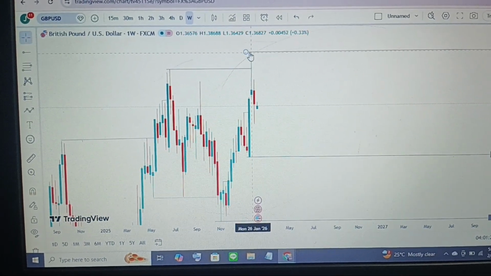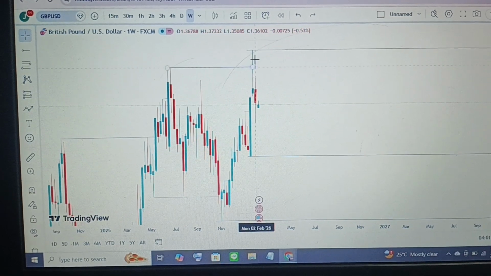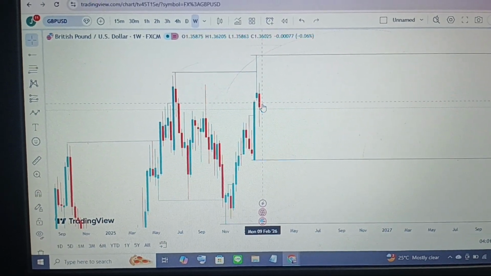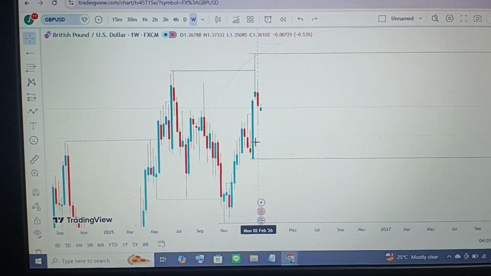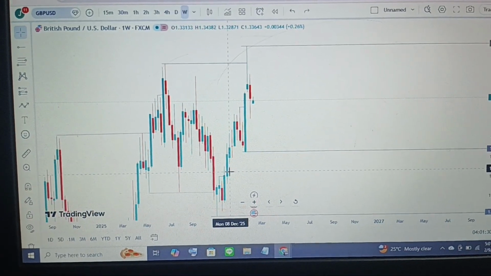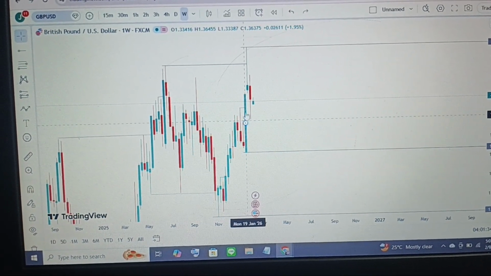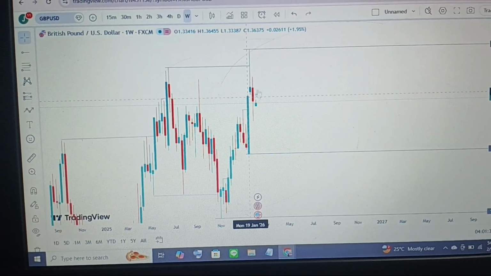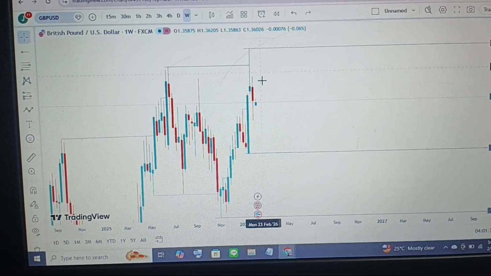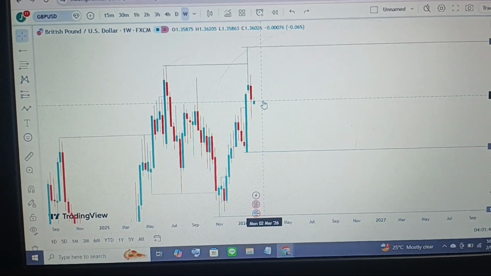So once price got to this level, we have some sellers stepping into the market, pushing the market to the downside. Now, normally our approach to trading is we don't buy at high. Once we had a bullish break of structure, what do we anticipate? We anticipate a retracement altogether.